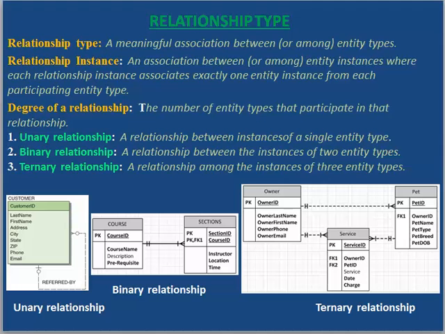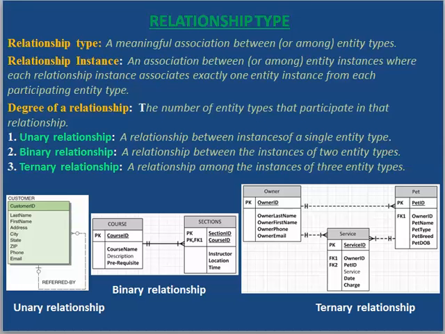Degrees of a relationship: the number of entity types that participate in that relationship. There are three kinds of degrees of relationship. The first one is unary relationship: a relationship between instances of a single entity type.